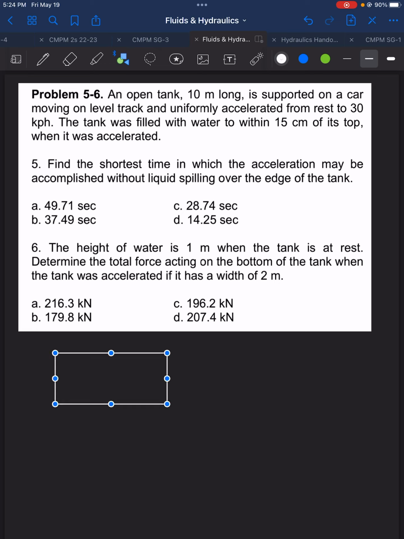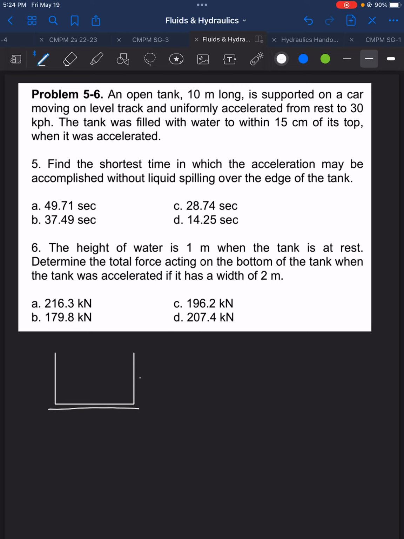So let's just say this is our tank, maybe like that, and it's open, and it's supported on a car, or maybe at the back.